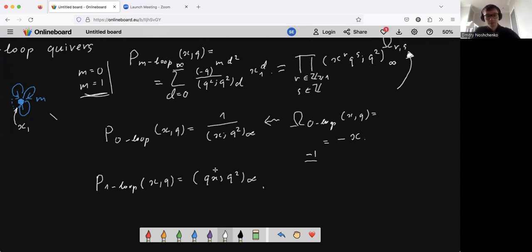So it's q times x, q squared, this q-Pochhammer, and here omega for one loop of x and q, in this case, is q times x. And this q is essentially the coefficient of x inside this q-Pochhammer.